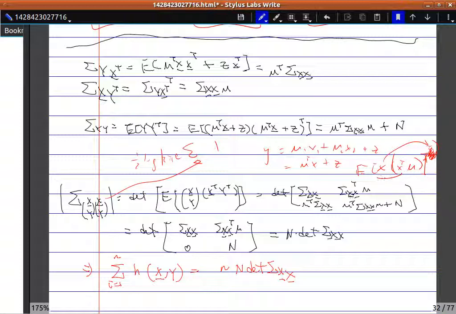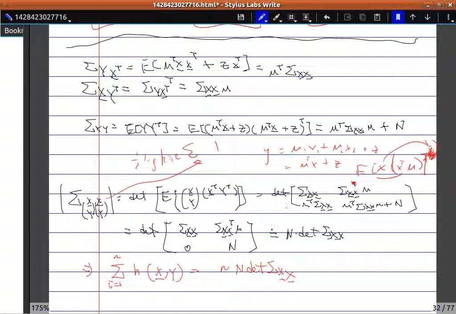Then I have sigma xx times mu, basically. Actually, I don't need this transpose here. Anyway, all this covariance matrix is symmetric, so it doesn't matter.